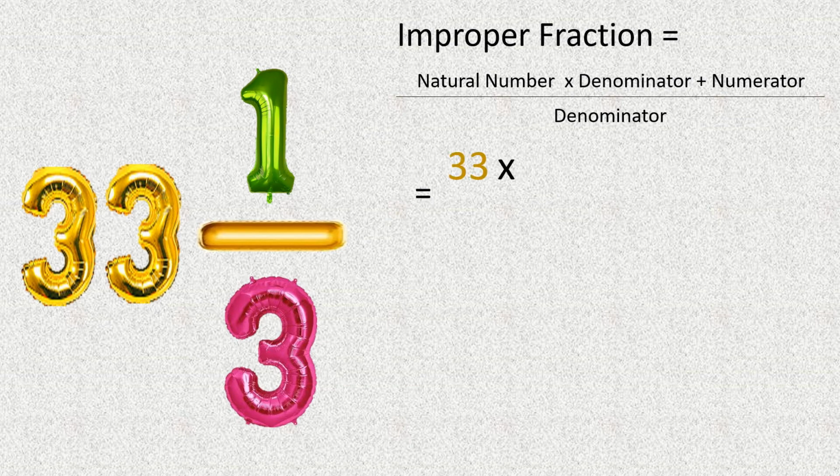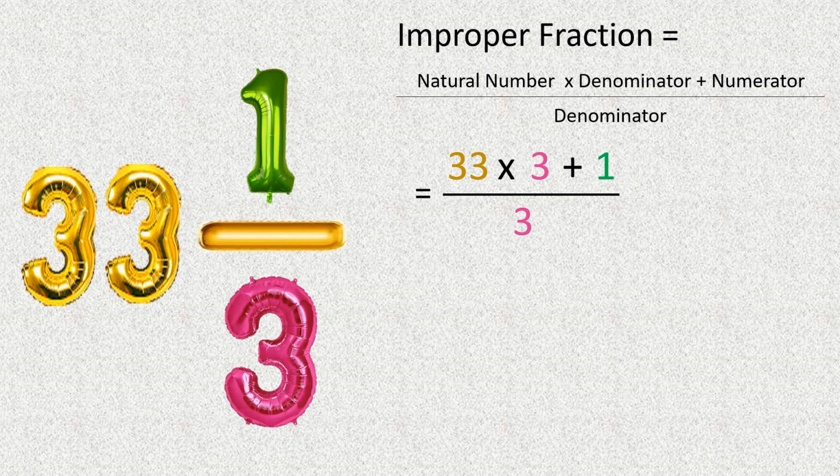Then write the multiplication sign as it is. Then put the value of denominator, which is 3. Then write the plus sign as it is. Then put the value of numerator, which is 1. Then draw a division bar. Then write the value of denominator, which is 3. So we get 33 multiplied by 3 plus 1, upon 3.